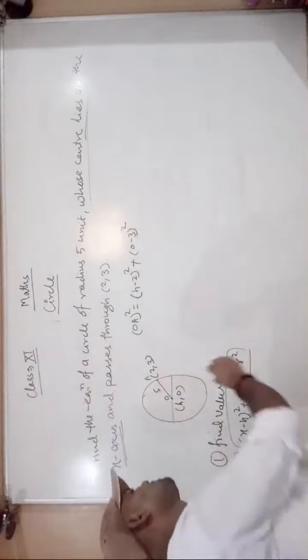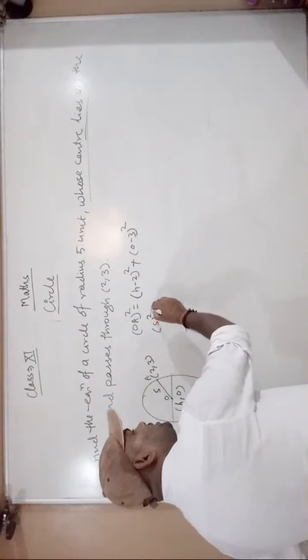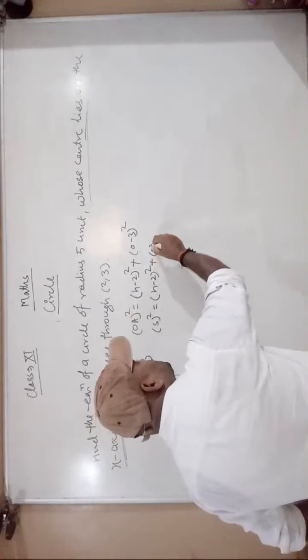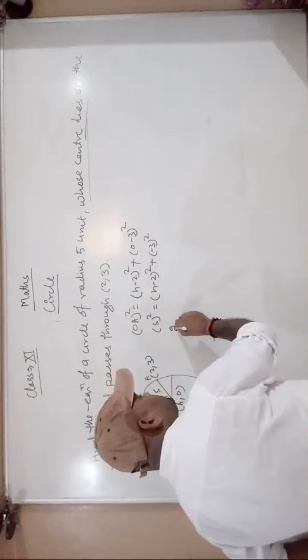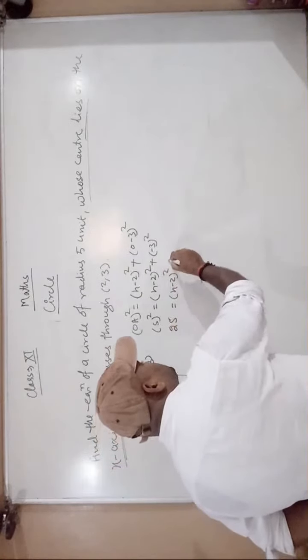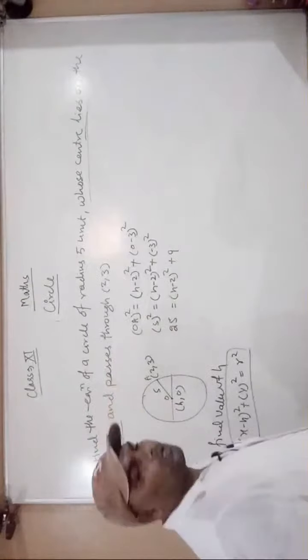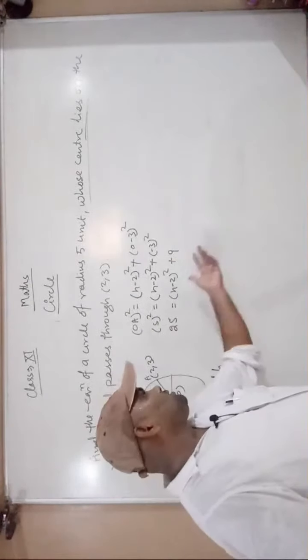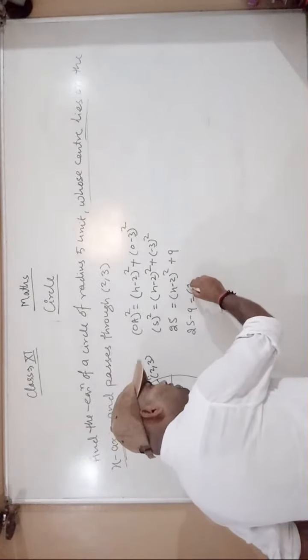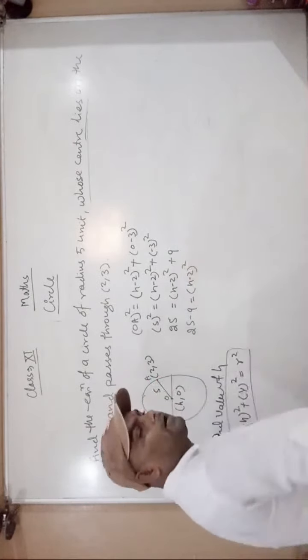Now OA is given as 5 unit, so 5 square is equal to h minus 2 square plus square of minus 3. This becomes 25 is equal to square of h minus 2 plus 9. Now we will transfer this to this side. This becomes 25 minus 9 is equal to h minus 2 square.